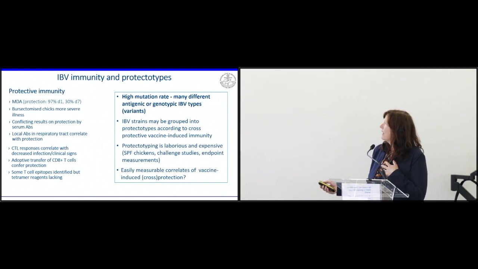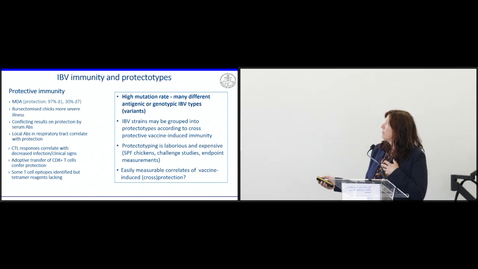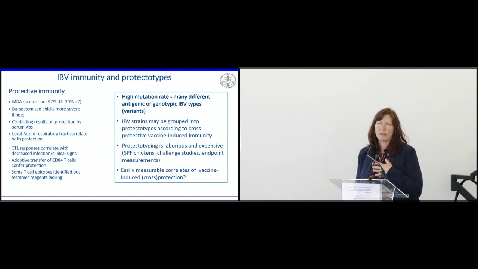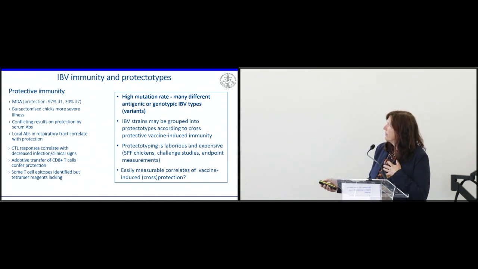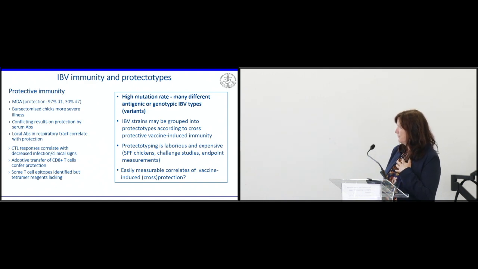If we remove the bursa of Fabricius, the B-cell organ in chickens, they actually experience more severe illness. We have a lot of data on the specific antibodies in serum, and it doesn't really correlate that well with the clinical signs. But we do know that local mucosal neutralizing antibodies are obviously really important.